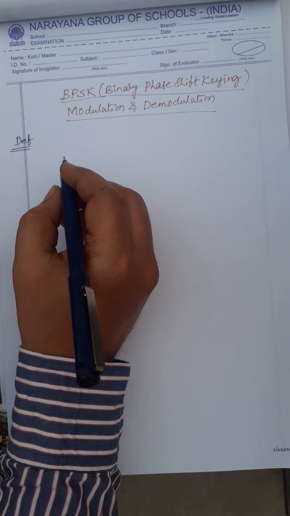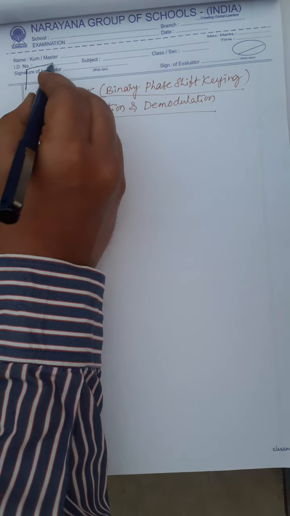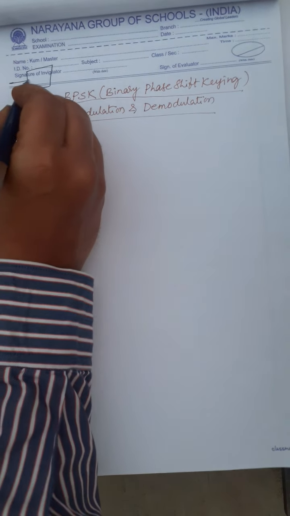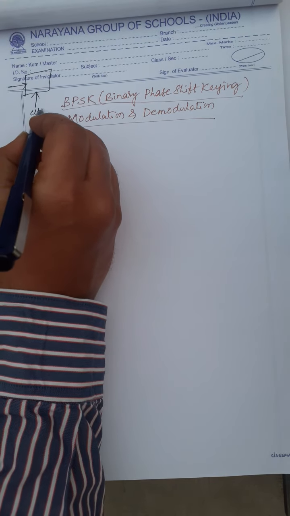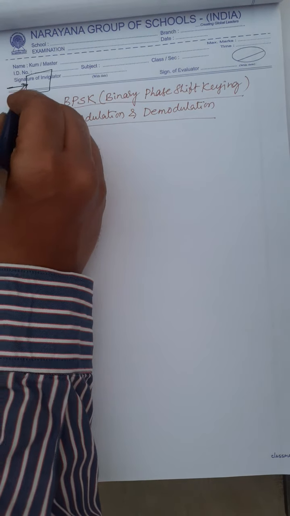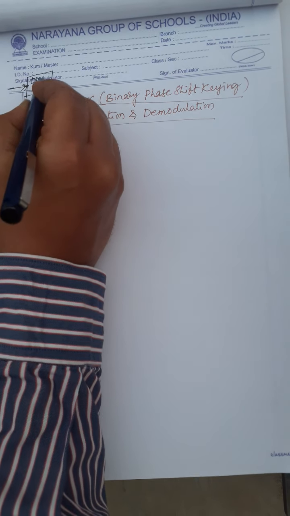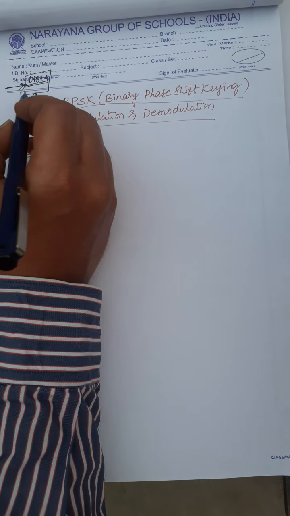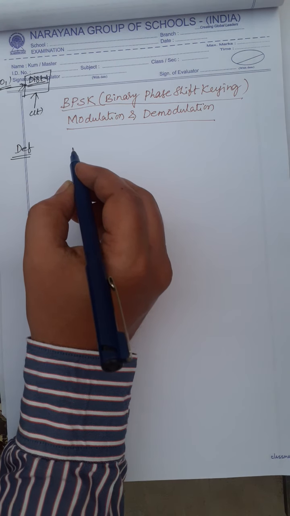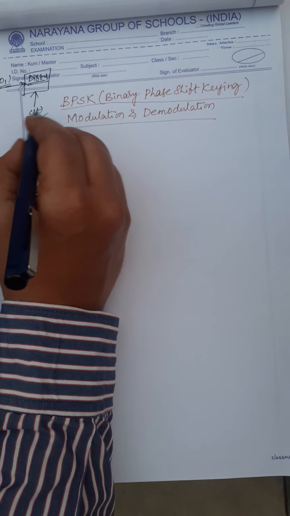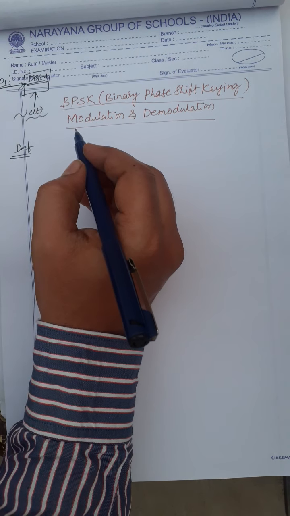In every digital modulation we require one input signal and another one a carrier signal. For digital modulation, the input is always zeros and ones, that is binary data, and the carrier signal is a continuous time signal.